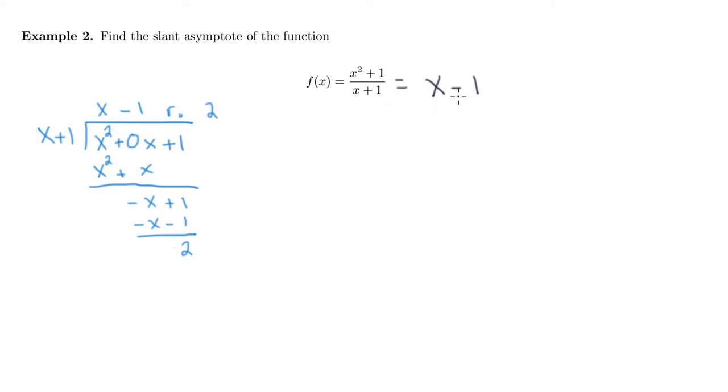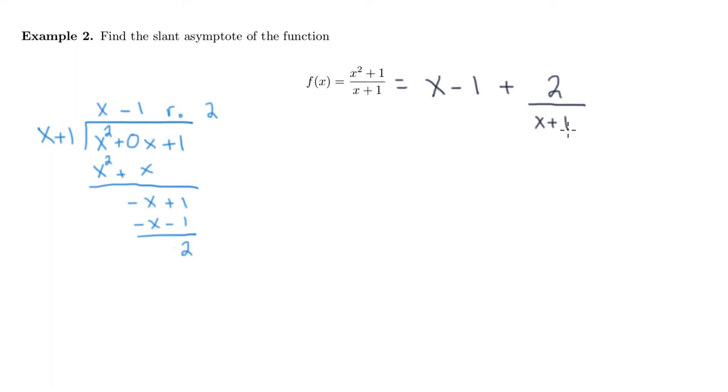Okay, so this is the quotient when we divide these two, and then plus the remainder, and then what do we do with the remainder? We divide it by whatever we were dividing, in this case, x plus 1. So x plus 1 was the divisor. So that goes underneath the remainder.